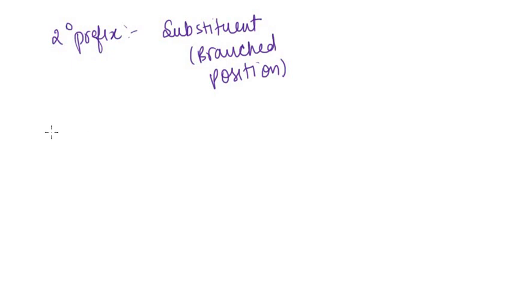You will understand more what all these terms mean when we use them frequently. Okay. So, talking about 2 degree prefix: first of all, NO2, we call it a nitro group. If we have X, we call it a halogen.